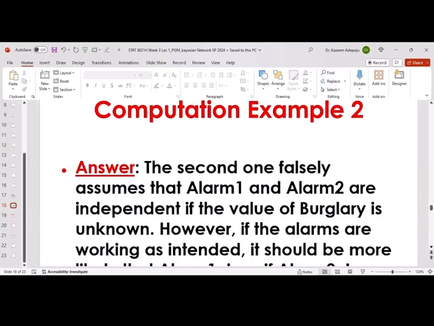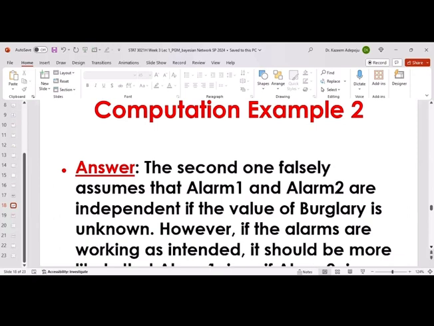So if you take a look at it, I said the second one firstly assumes that alarm one and two are independent if the value of burglary is unknown. No, they depend. Because if alarm one rings, there's a possibility that alarm two also rings. And something has already occurred before alarm one rings: burglary. But the second structure didn't give that information.